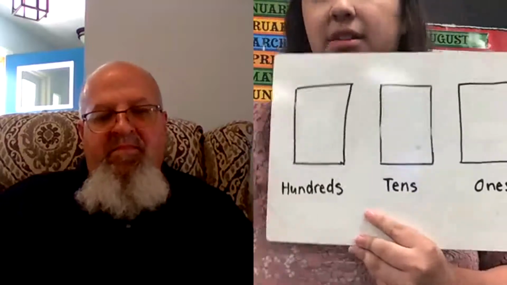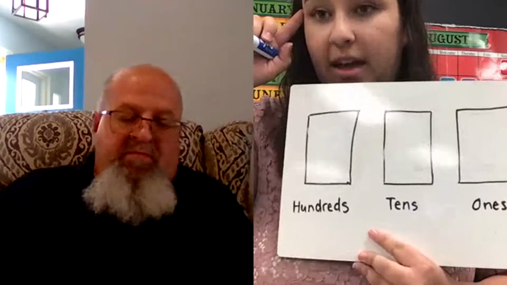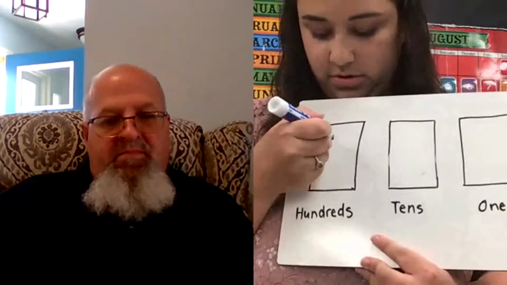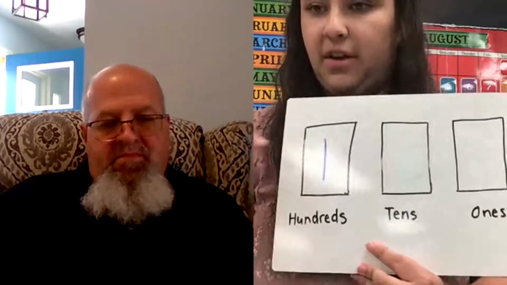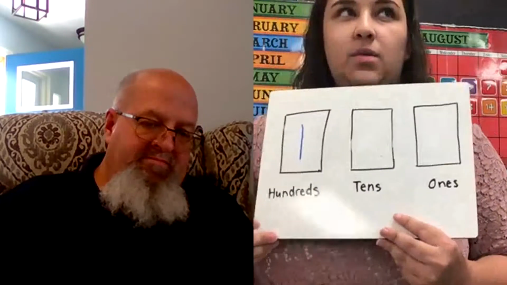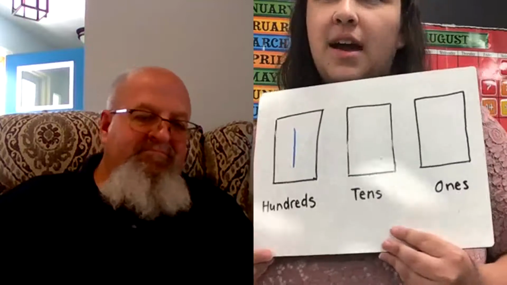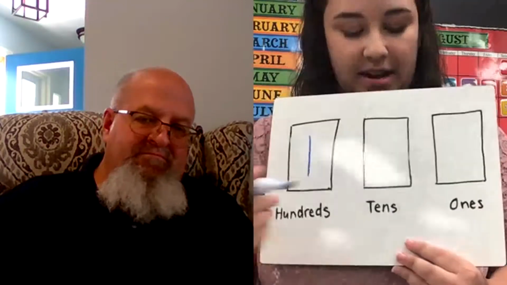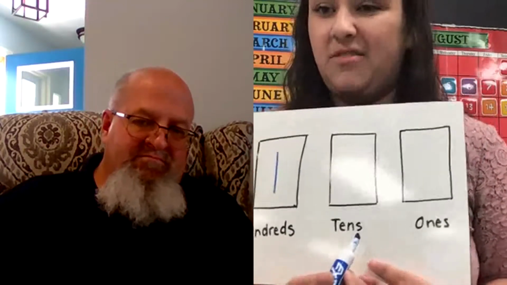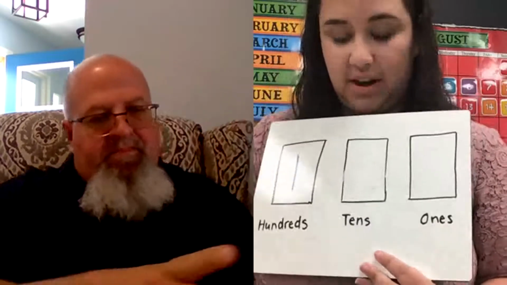So we have our hundreds, so let's listen. 105. How many hundreds would we have? I hear that we have 1. So we're going to put a 1 right there for 100. Then let's listen to the number again. 105. Okay. Was there a 10 or a 20? I didn't hear anything. I didn't hear a 40 or a 50. So it kind of sounds like we don't have any tens, right?